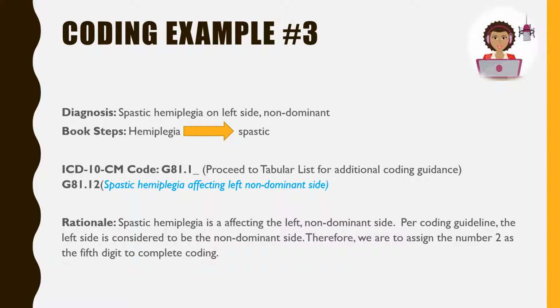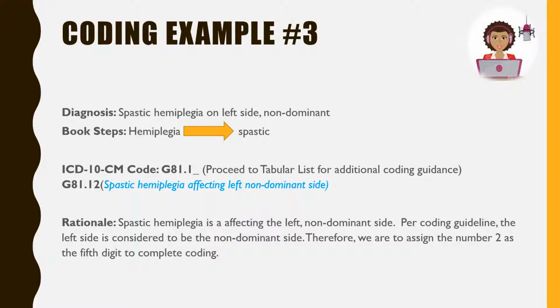So in our third and final coding example, the patient is diagnosed with spastic hemiplegia on the left side, and it is also considered the non-dominant. Again, we're going to follow along in our ICD-10 index listing and locate our main term, which is hemiplegia, and then drill down to spastic.